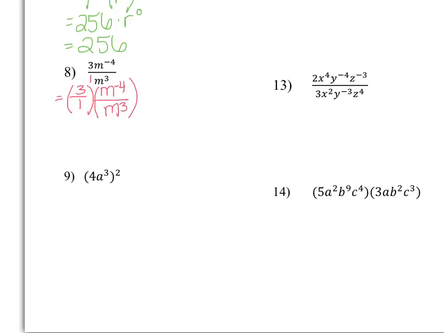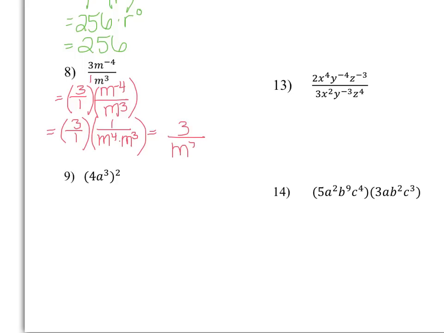If you want and you know this, you could say 3 over 1 and then 1 over m to the 4th times m to the 3rd, because you see that this negative exponent should actually be in the denominator and positive, which will give you an answer of 3 over m to the 7th.